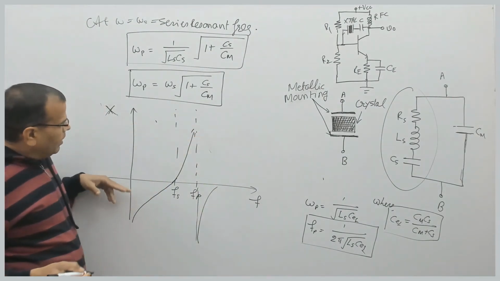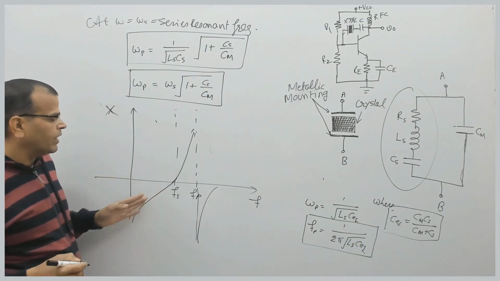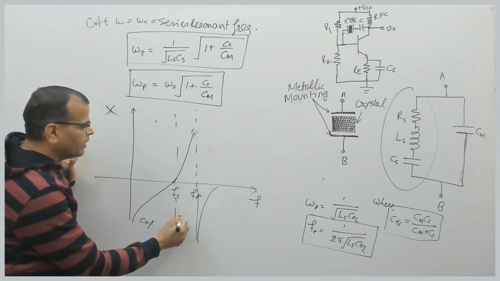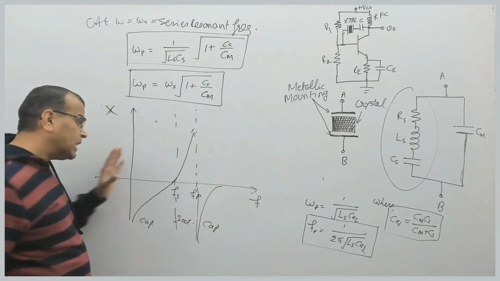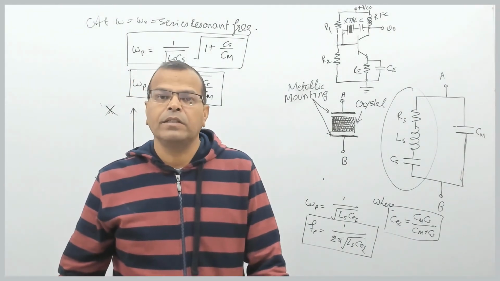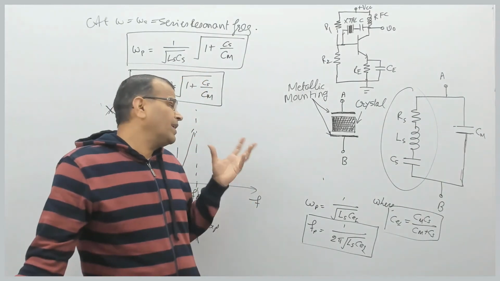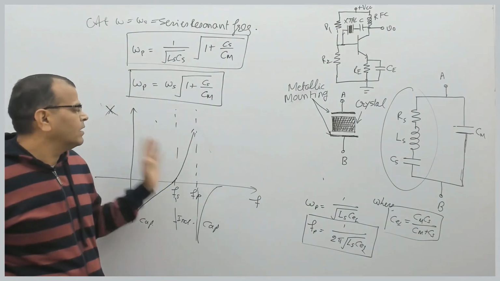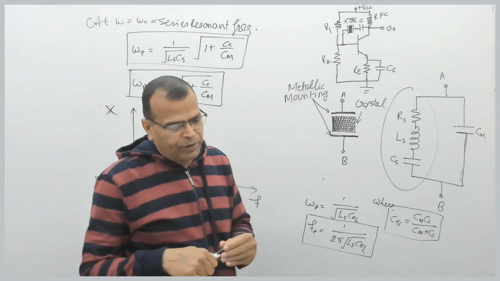How? The reactance is negative below resonant frequency. This is the capacitive part, this is the inductive part, this is the capacitive part. But we will see this variation in detail in electrical circuits, that is series resonant circuit. I will discuss this topic there, but here I am just trying to give you the variation in reactance of a quartz crystal or piezoelectric crystal as a function of frequency.